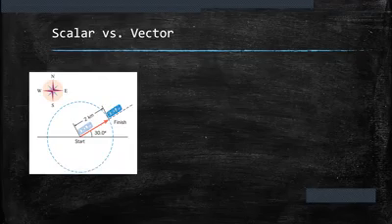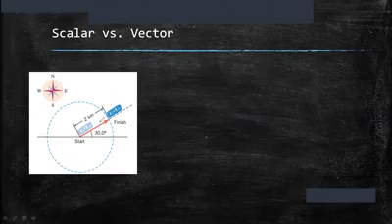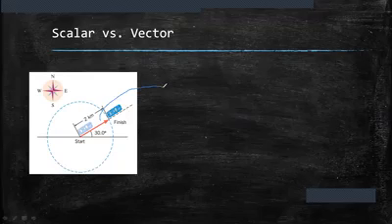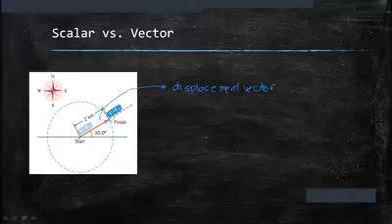In the figure, the colored arrow is called a displacement vector, because it shows how the car displaces from its starting point to the finish point.